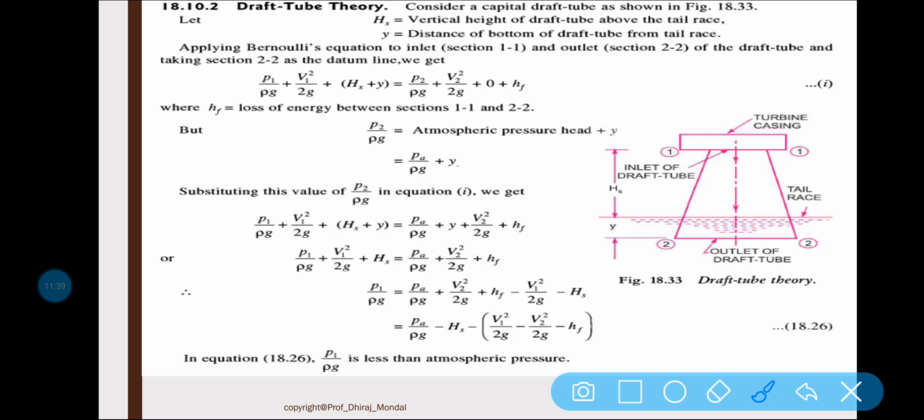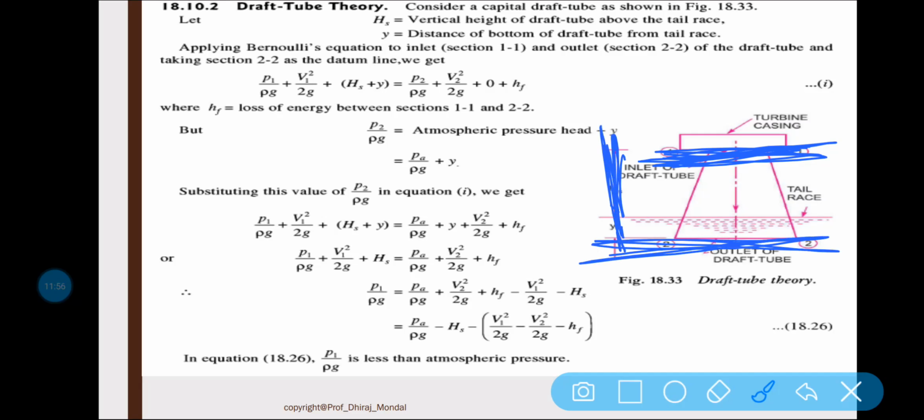So applying Bernoulli's theorem: P1 by rho g plus V1 square by 2g plus the potential head, Hs plus Y, is equal to P2 by rho g plus V2 square by 2g plus 0, because the potential energy is 0 here with respect to this line, which we are taking as the datum line.